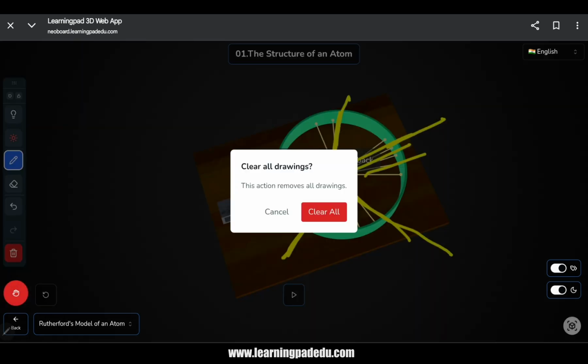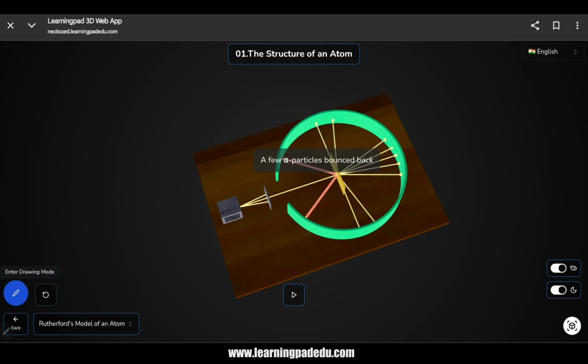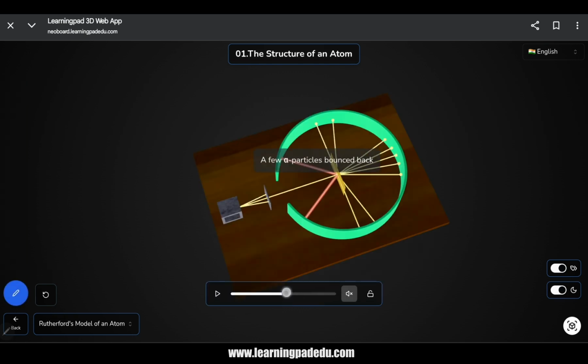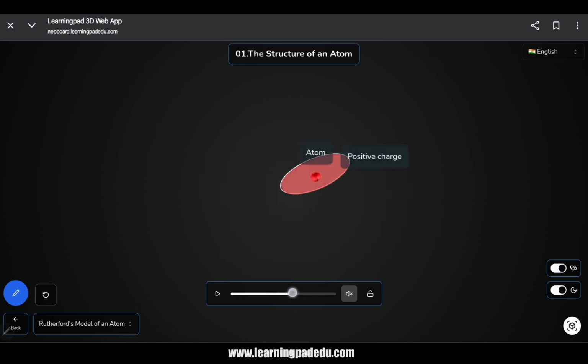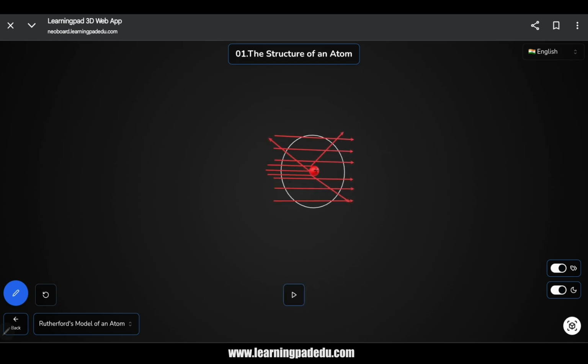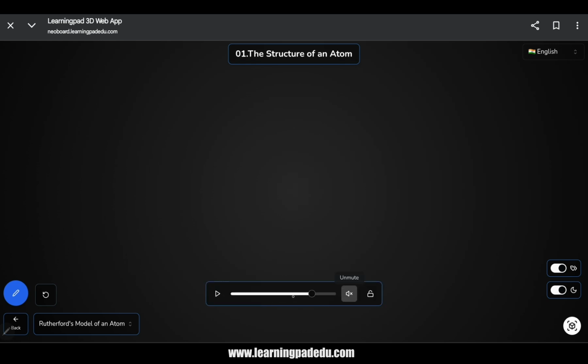So by this he came to some conclusion. Now what was the conclusion made by Rutherford? He concluded that the atom is a sphere, and that in the center there is a positive charge.